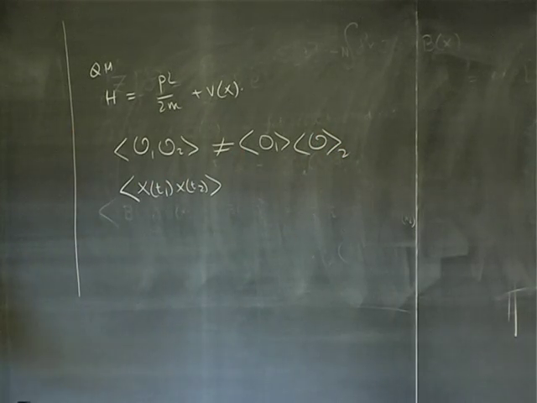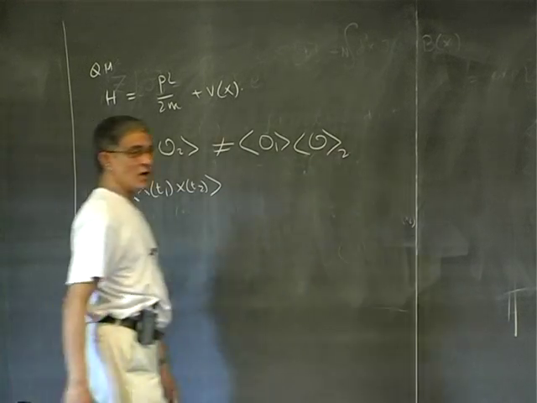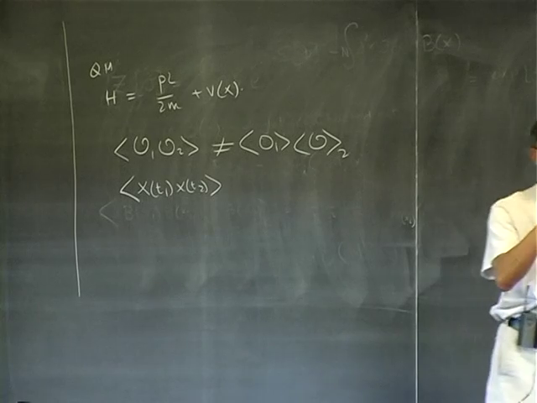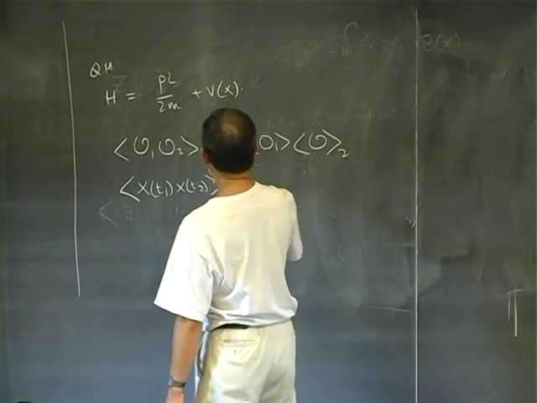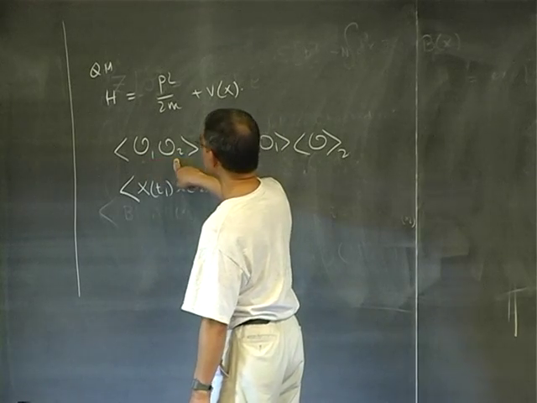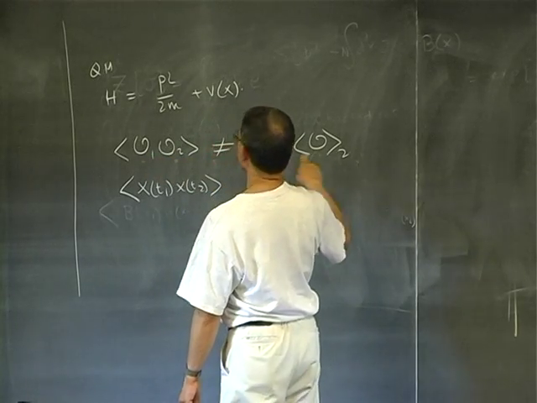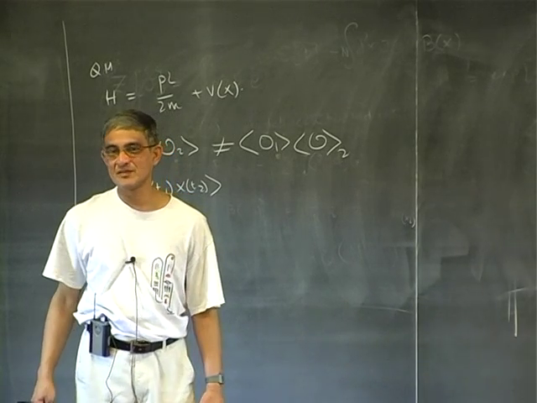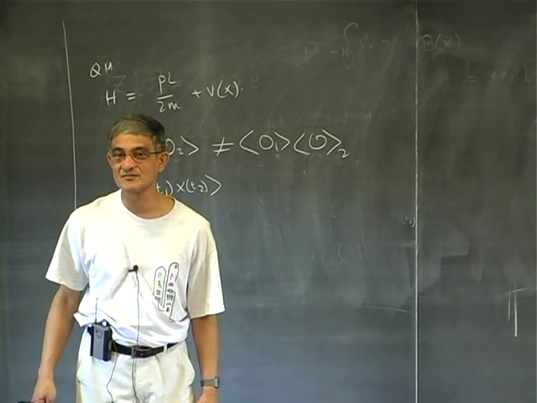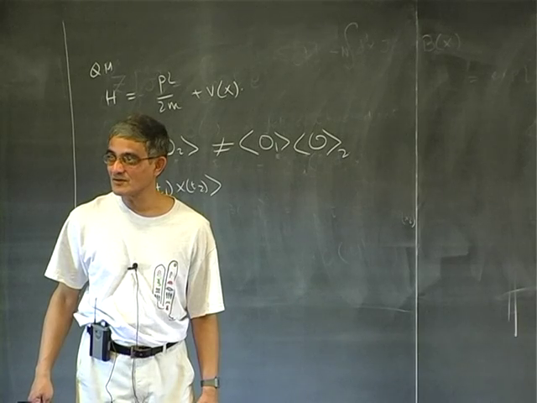It's because there are fluctuations in the theory. However, if the theory was classical, in the classical limit, it has to be true that the average of O1 O2 is equal to the product of the O1 average times the O2 average. That is the meaning of a classical limit. Okay?